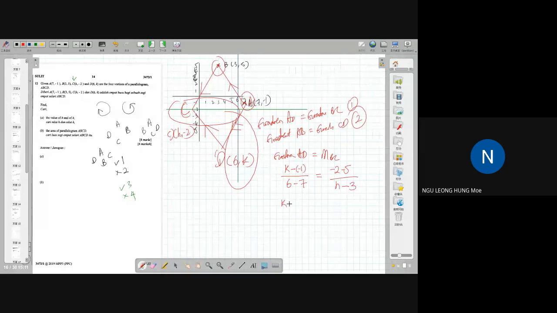Okay, that means K plus 1 equal to -7, K equal to -8. Is that the answer that I gave to you? Let me check. Yup, K is -8. So -1 plus 3 equals H, H equals 2. Okay, is it clear? Do I need to find for the B? No need. Okay, next question, have any?